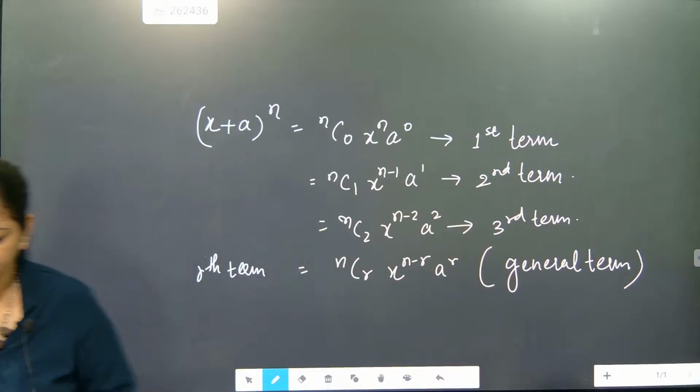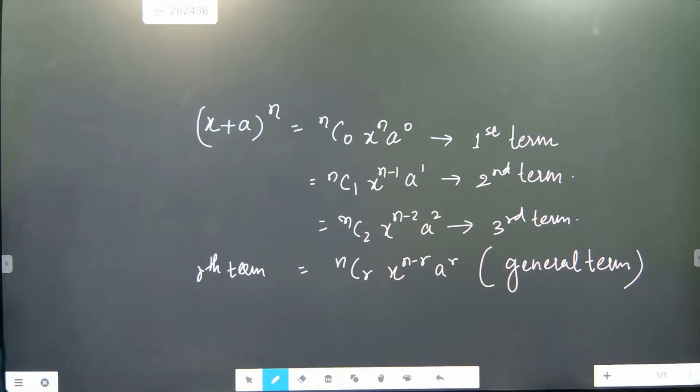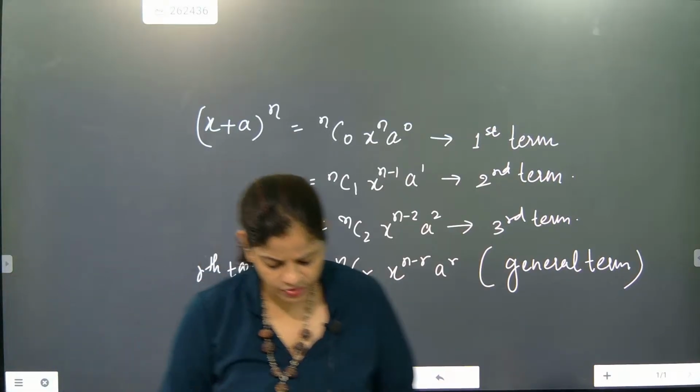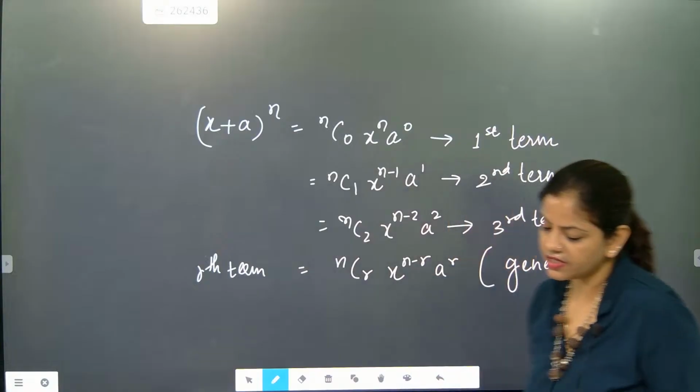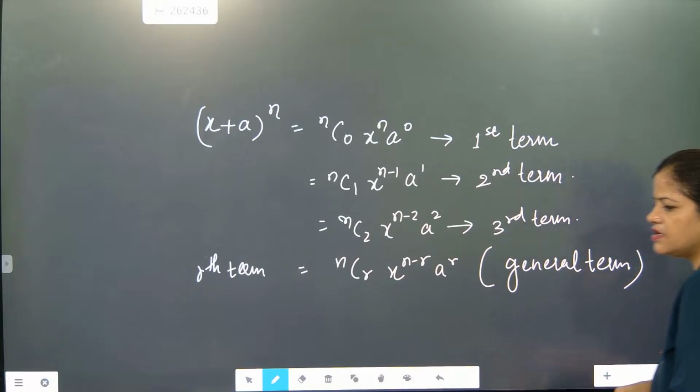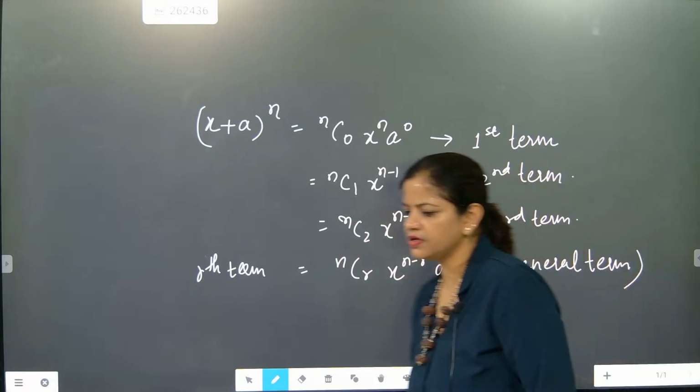I hope everybody understands this is considered as what? General term. So nCr x to the power n minus r a to the power r is considered as which term? Rth term.